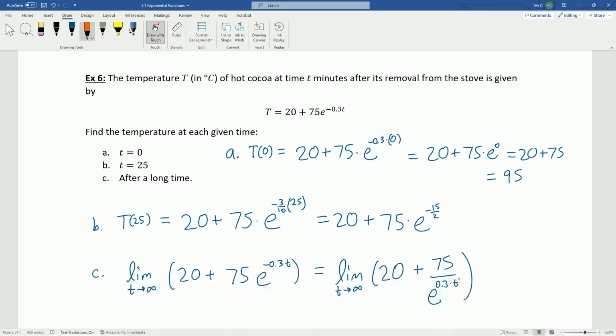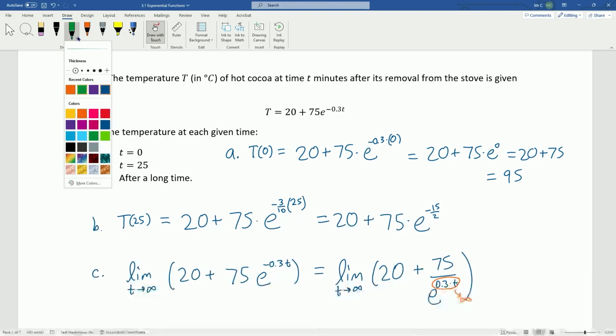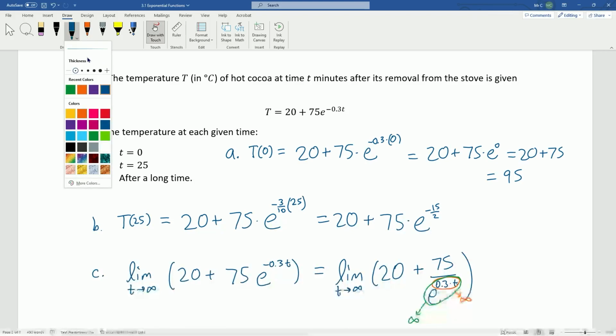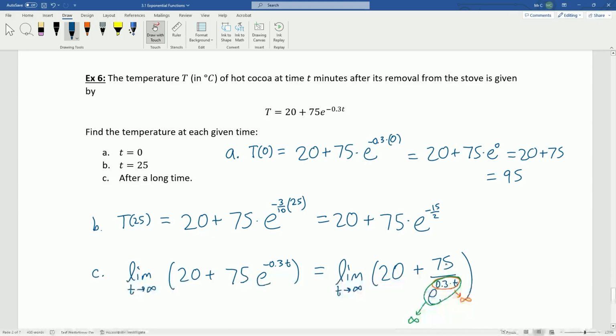Since t is approaching infinity, that means this exponent is approaching infinity. But I know from my exponential function graphs that if the exponent is approaching infinity, then the whole exponential function is approaching infinity. And I know from limit behaviors that if I have a fraction and the numerator is a fixed number and the denominator is approaching infinity, then the whole thing is approaching 0. So 75 over this exponential expression is going to 0. This whole thing works out to 20 + 0, which is 20.